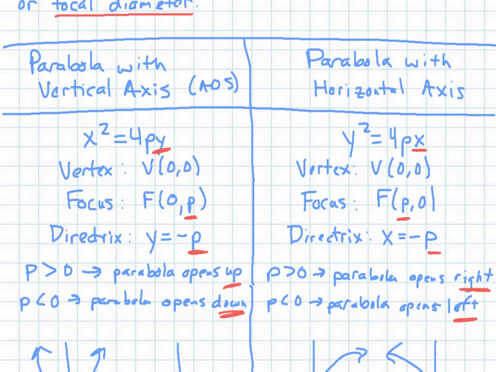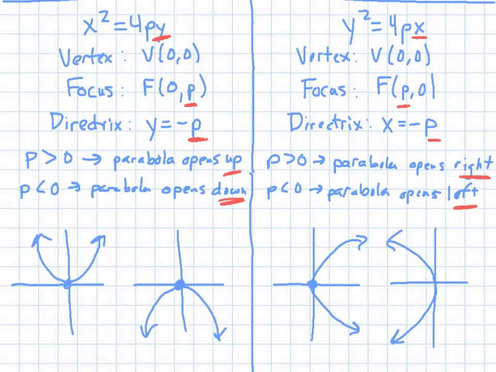Nice little helpful hint there. Also, to help you understand if it opens up, down, left, or right: if p is positive and you're on the vertical axis, it'll open up. If it's negative, it'll open down. For the horizontal axis, if it's positive, it'll open to the right. If it's negative, it'll open to the left, and you'll get pictures like this.